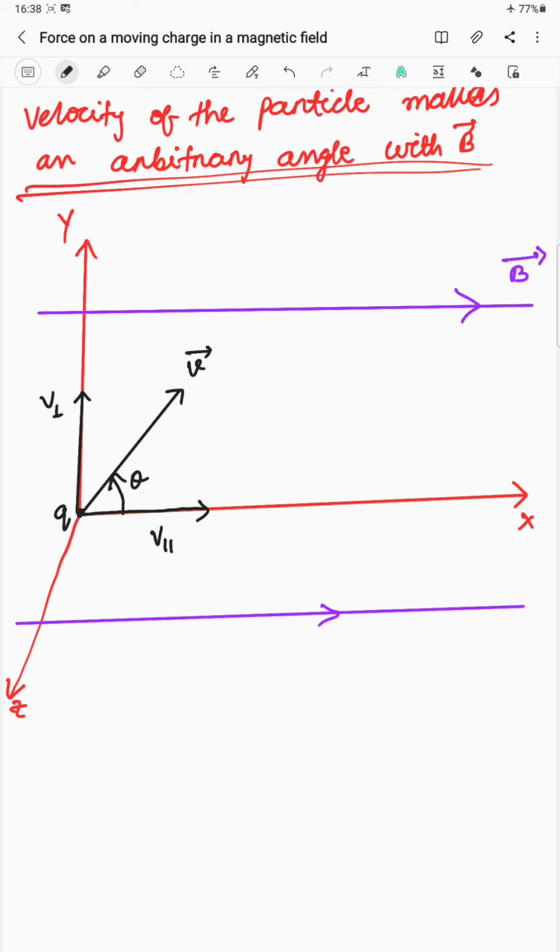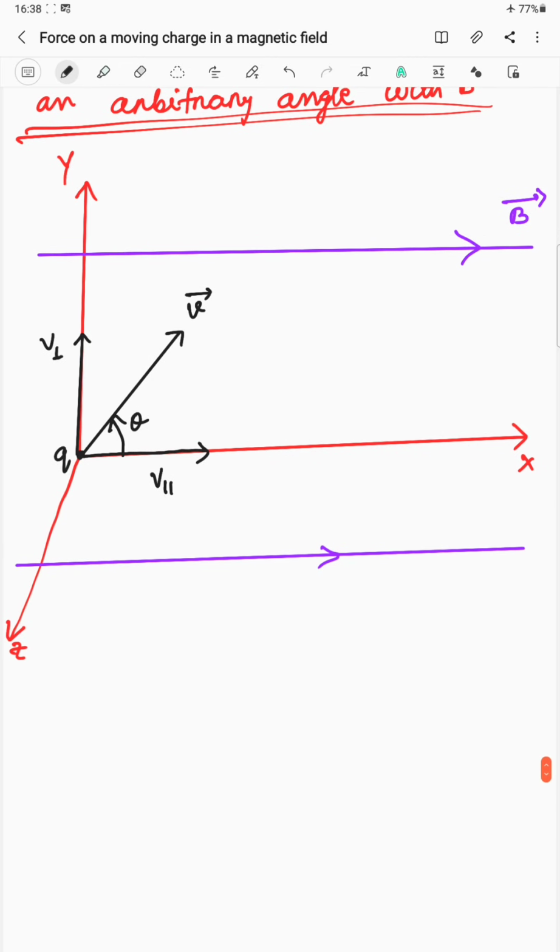Now you'll see here that the perpendicular component will help the particle to move in the circular path, and the parallel component helps the particle to move forward. Okay, in parallel the theta is equal to 0, and perpendicular it is 90 degree, and we know when it is 90 degree it is circular, and when it is 0 degree it moves straight without any deflection. So the combination of these two, we are going to see the motion.